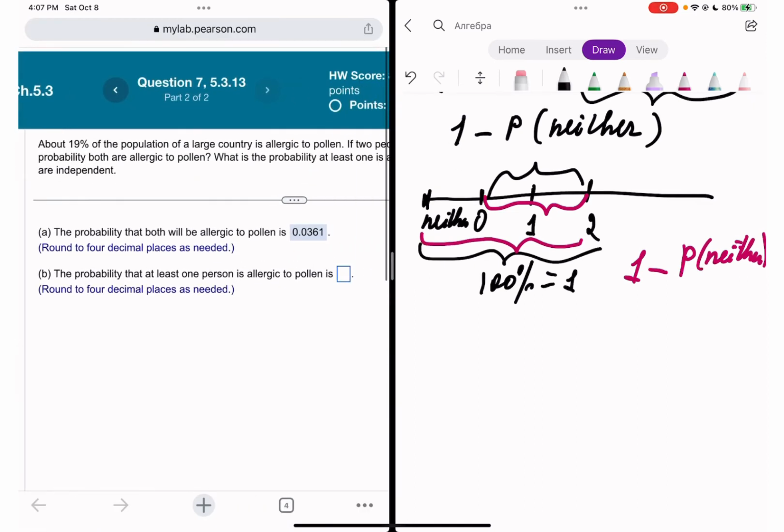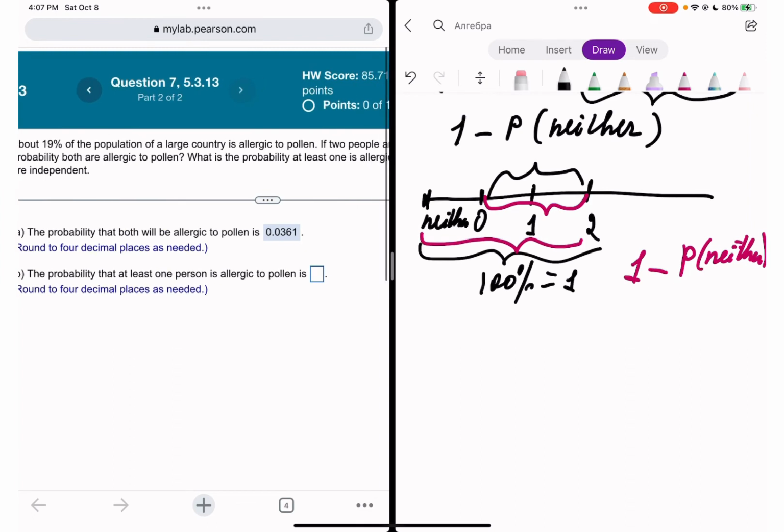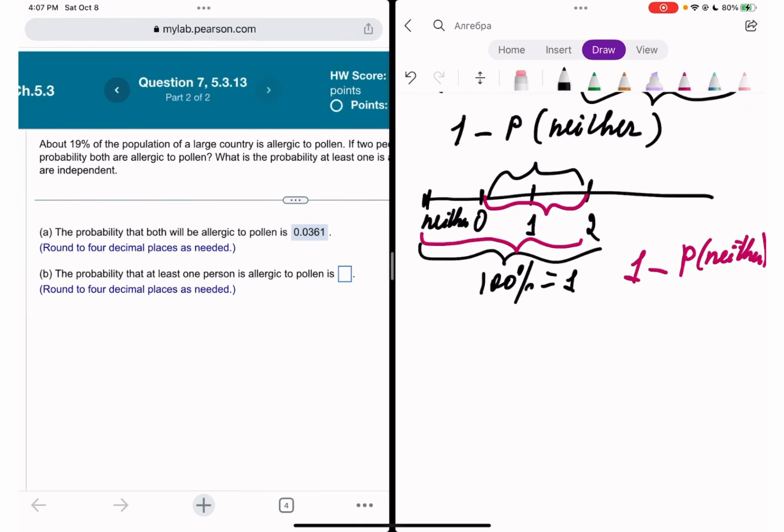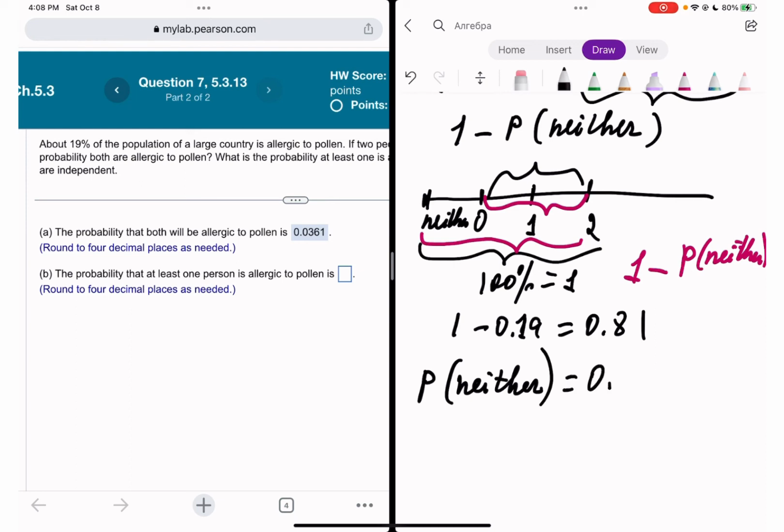So complement of 1, since we have how many percent? We have 19%. So it's going to be 1 minus 0.19, right? It's going to be 0.81, correct? So for neither, meaning neither first one nor second one, it's going to be 0.81 times 0.81.